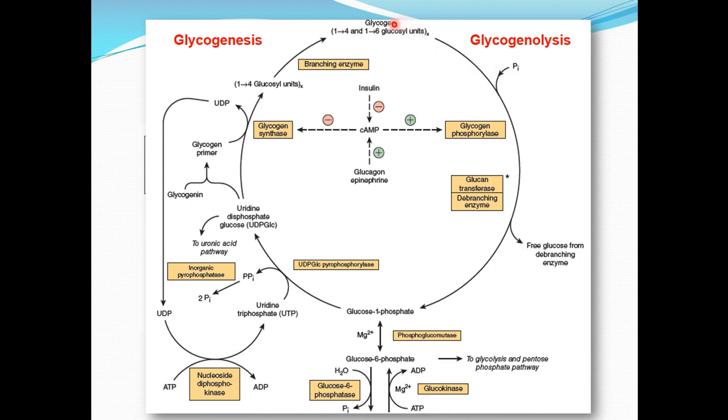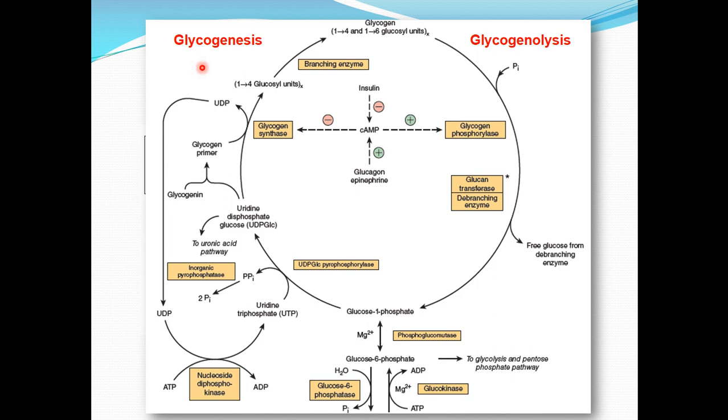This glycogen breakdown results in the formation of glucose 1-phosphate and ultimately glucose in the liver and glucose 6-phosphate in muscles.